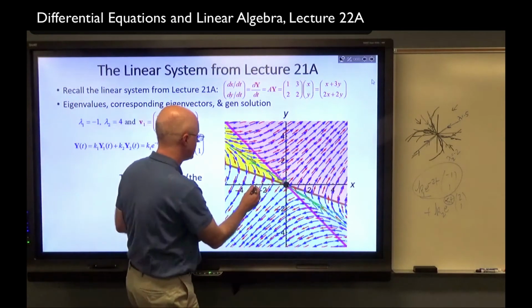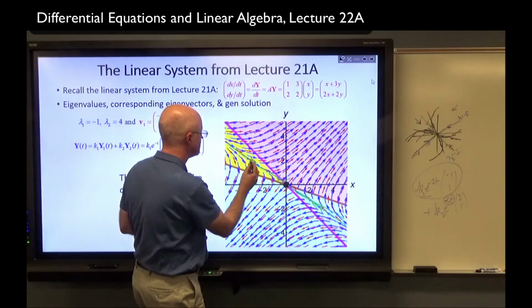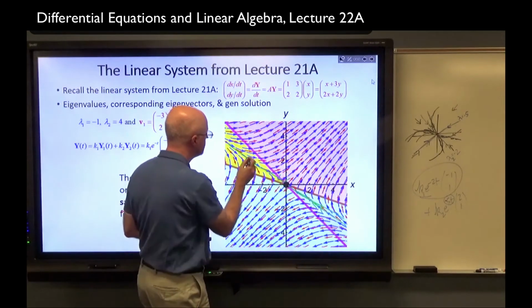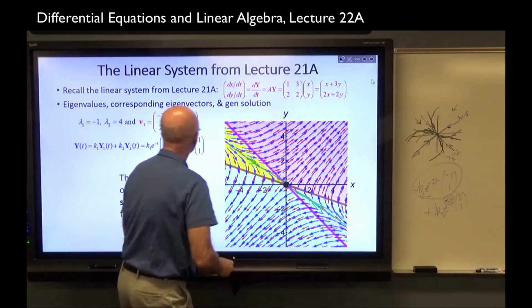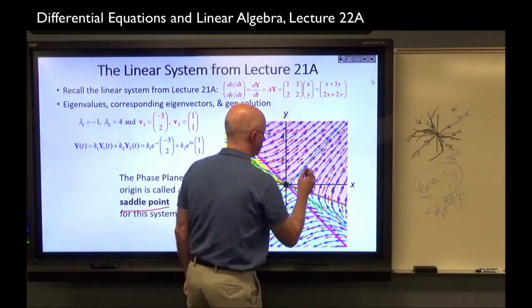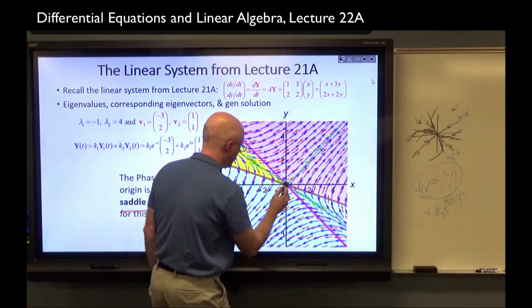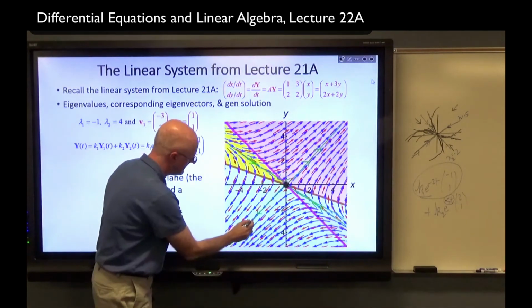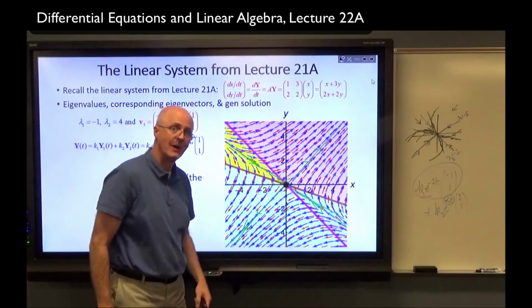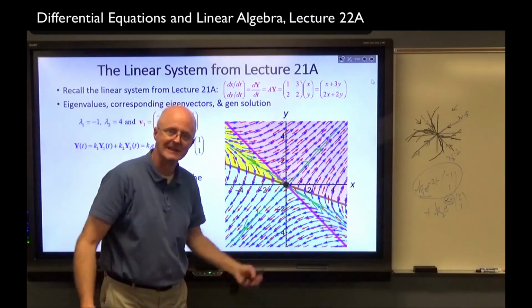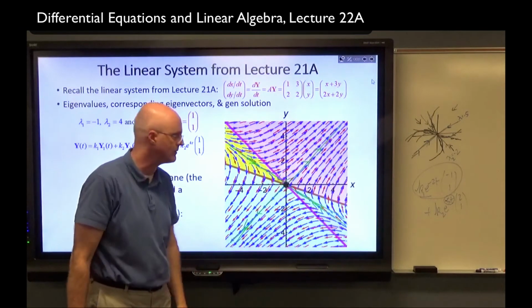This point right about here, for example, is approximately (-3, 2). For the other one, (1, 1), the eigenvalue is positive. Solutions are moving away along that line. It's a source in that direction. Overall, though, it's neither a sink nor a source. It's some sort of weird combination of the two.